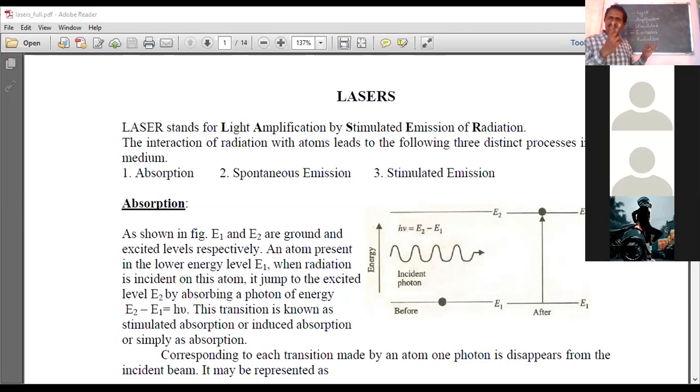The second process by which heat can be transferred is convection. Convection is a process where heat transfer occurs by means of movement of particles from one point to another. The best example of convection is heating of liquids, such as water.